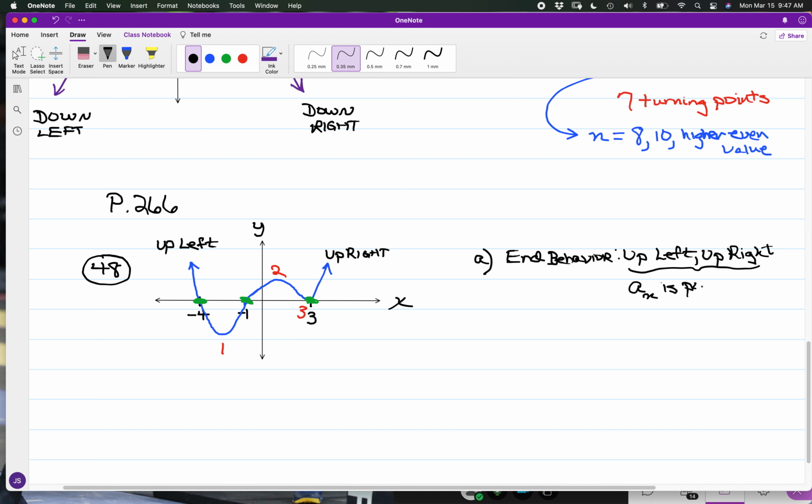So we have a of n is positive, and the degree n is an even value. And for the number of turning points, we have 3 turning points.